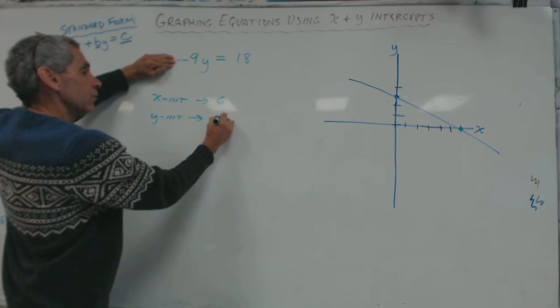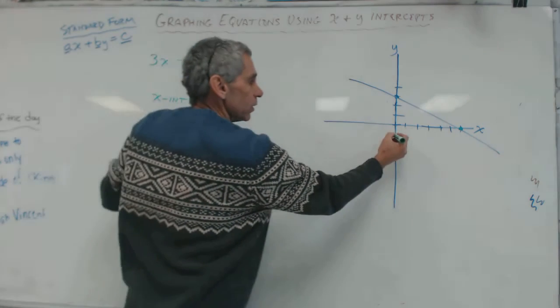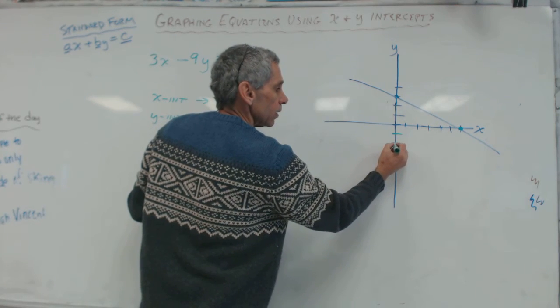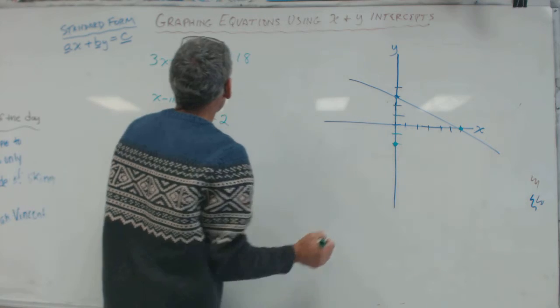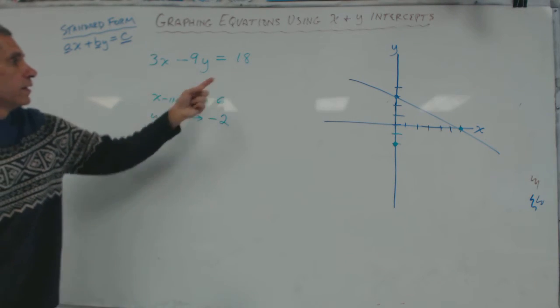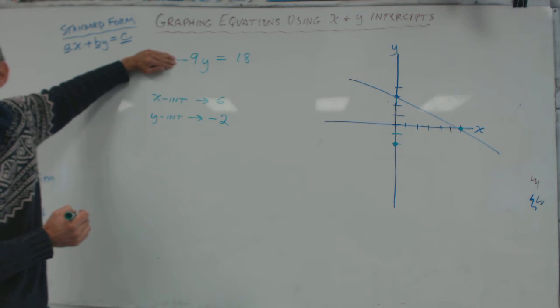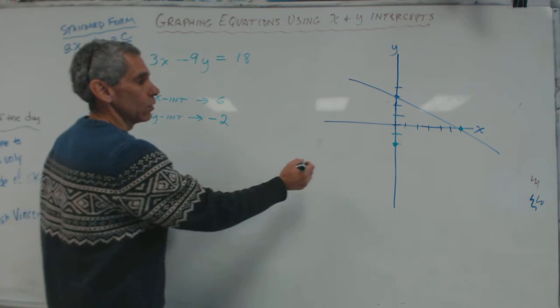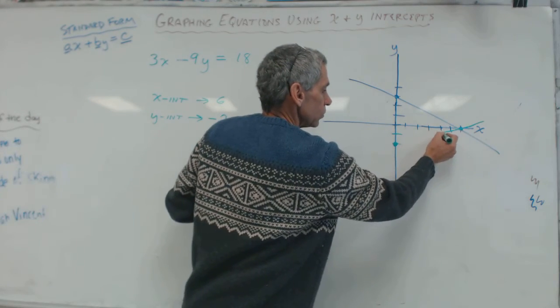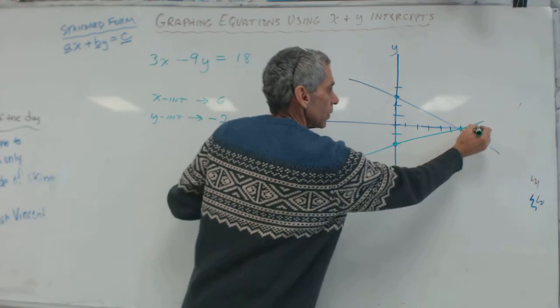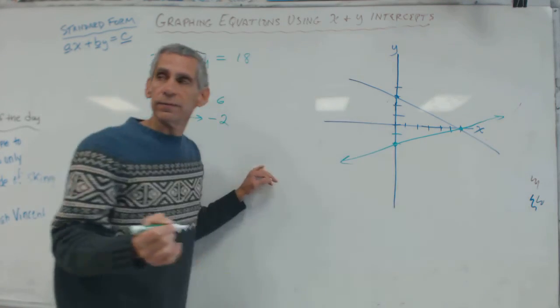So it's negative 2, so I'm going to go down here. Make sense? And so there I am. I can just draw my line now. Yay, it's so pretty. Isn't that fun?